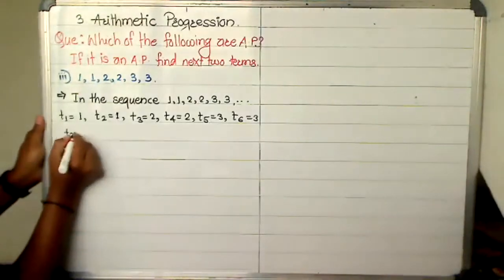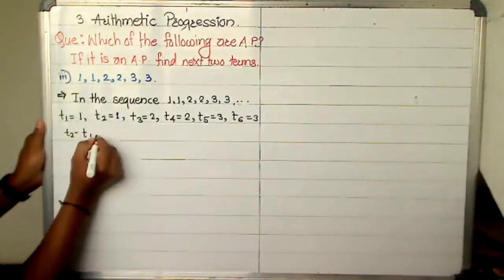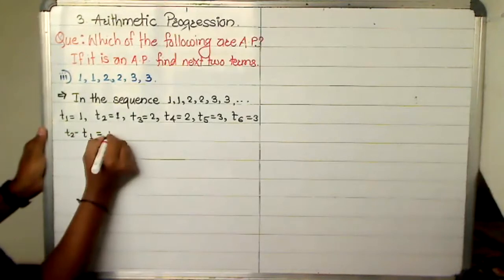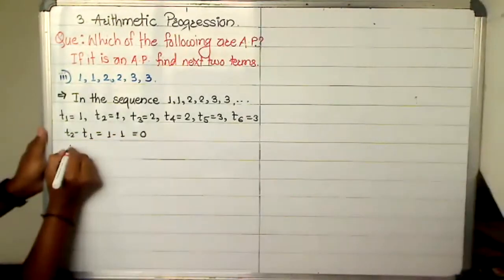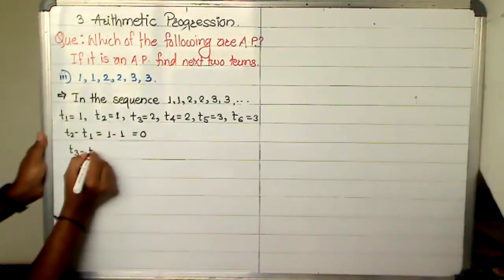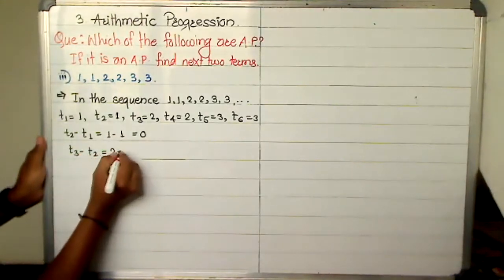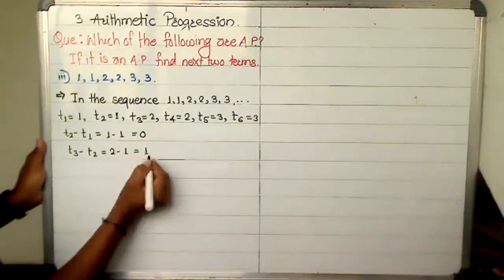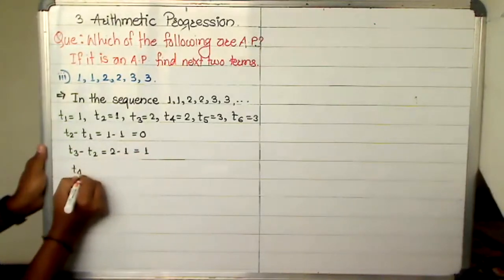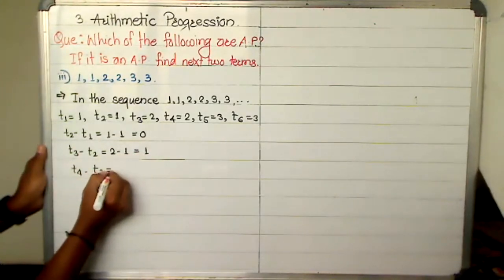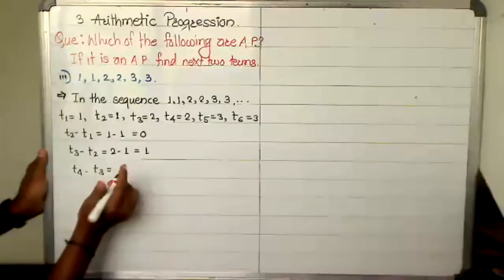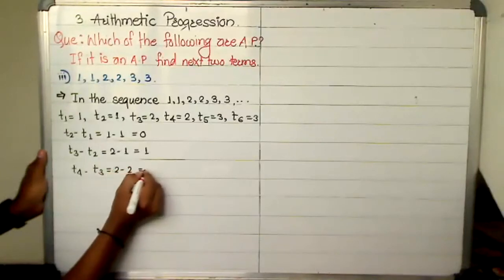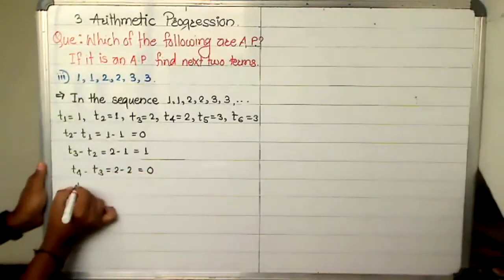So T2 minus T1 is equal to 1 minus 1, which is 0. Again, T3 minus T2 is 2 minus 1, which is 1. T4 minus T3 is 2 minus 2, again 0.